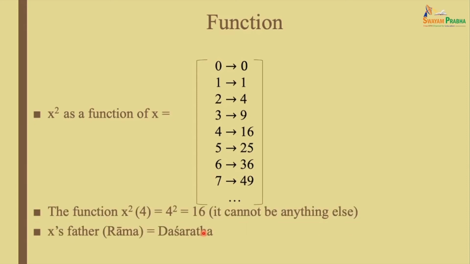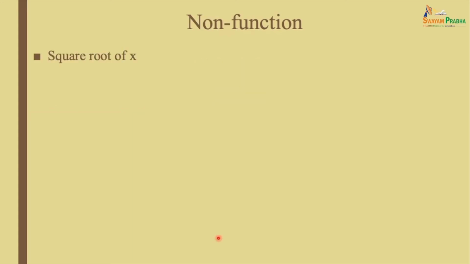So for example, x's father is a function because when it takes Rama, one individual, one argument, it yields Dasharatha. But on the other hand, what is a non-function? Square root of x. This function takes 4 and you don't know what it's going to yield. It may yield plus 2 or it may yield minus 2.